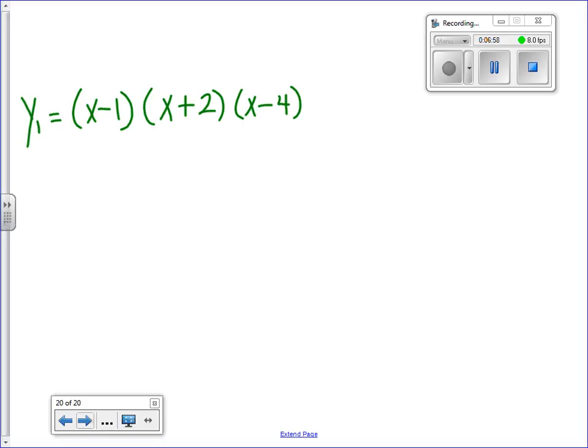Alright, I want you to graph this in your graphing calculator. If you don't have a graphing calculator, your neighbors can graph it on their graphing calculator, and then you can look at it. Give it a little look-see. You don't have a neighbor, and you don't have a calculator? My neighbor does.